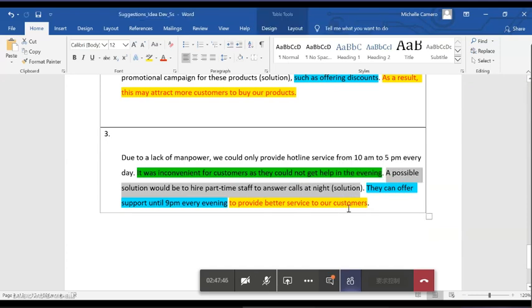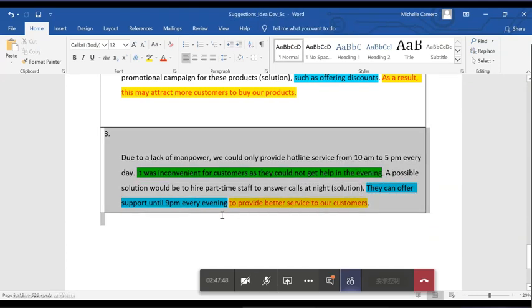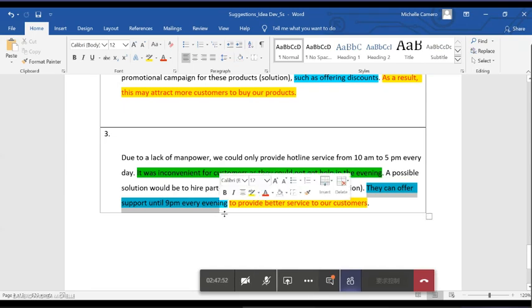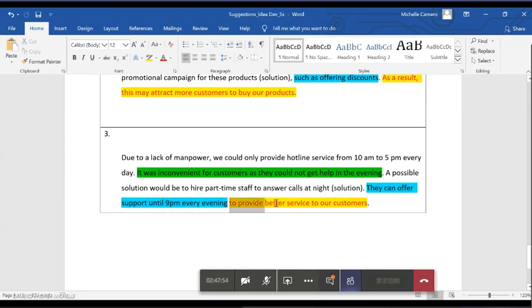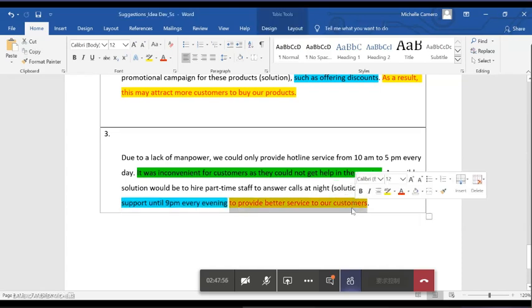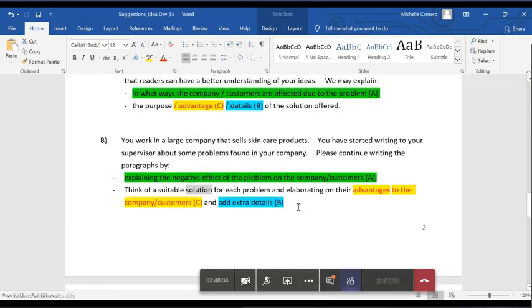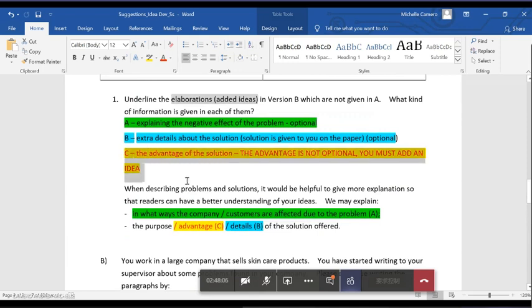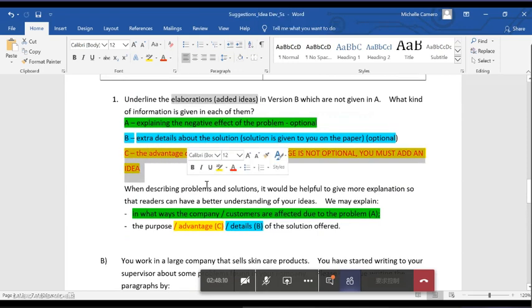That's the solution. They can offer support until 9 p.m. every evening. Okay, that's added extra details. And what's the advantage? To provide better service to our customers. So that is the advantage of the solution. You're explaining why the solution is good because it will provide better service to the customers. And remember, you have to add the advantage of the solution. It is an added idea and it's a requirement. It is not optional.